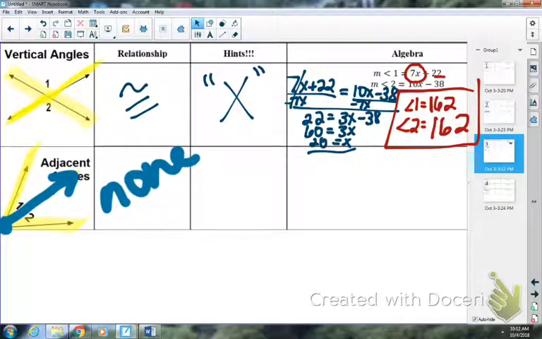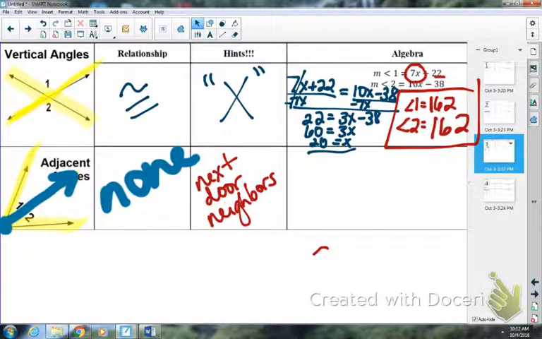For the hint, I don't know what you want to put. Somebody said last period it looks like a flashlight if you highlight it in yellow. What I like to think about for adjacent angles is next-door neighbors. I know that sounds kind of goofy, but next-door neighbors have to be right next to each other. If you think of something else that works for you, that's fine.